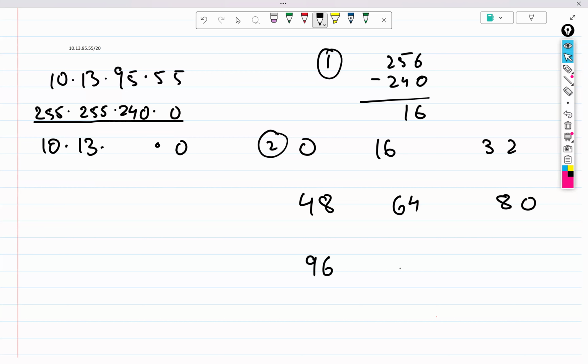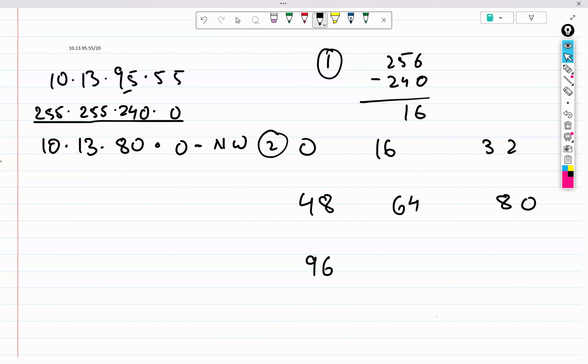Is my calculation right? 16 plus 16, 32 plus 16, 48, 64, 80, 96. Now, why did we stop at 96? Because 95 comes in between 80 and 96. So our network ID is whichever is the lower number of 80 and 96. 80 is the lower number, so this becomes the network ID.